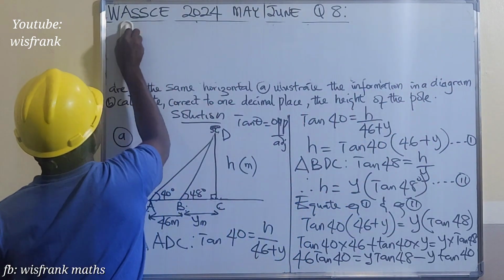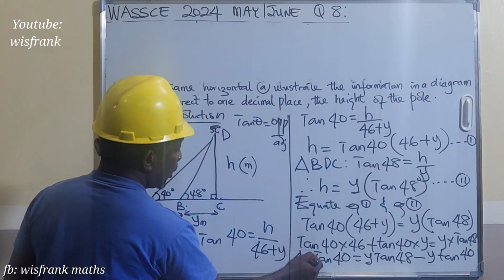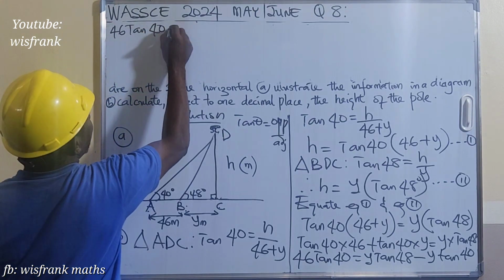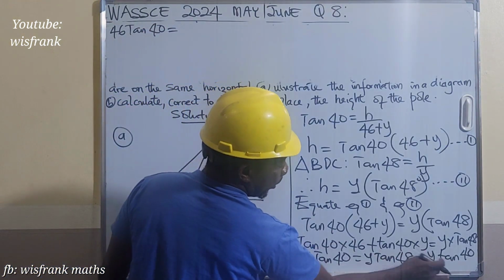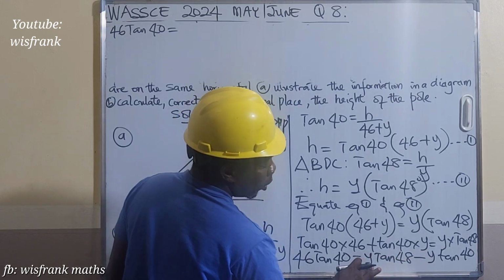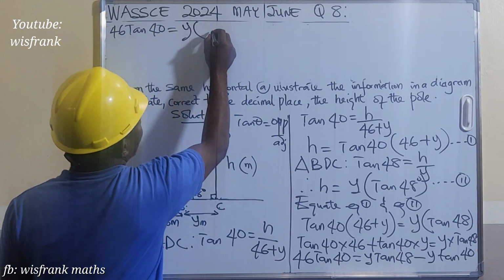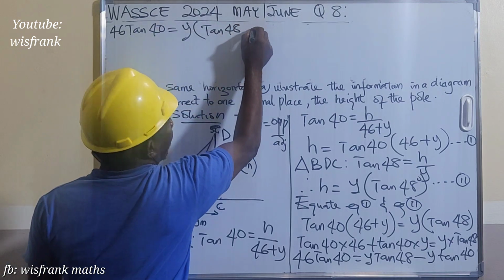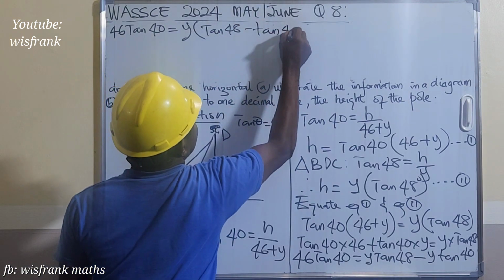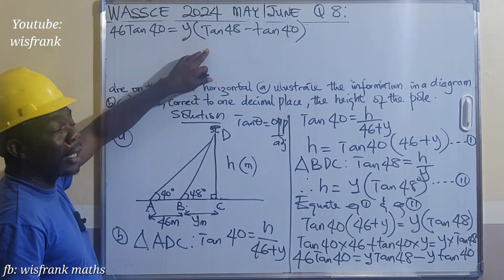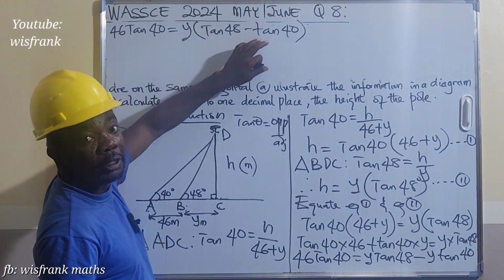So we can clean this. Here we have 46 tan 40 equals, because we have y common, we can factor it out, y into (tan 48 minus tan 40). In this case, we can divide both sides by (tan 48 minus tan 40).